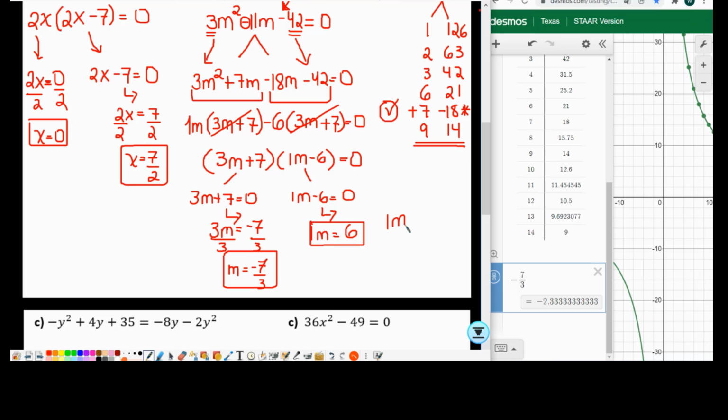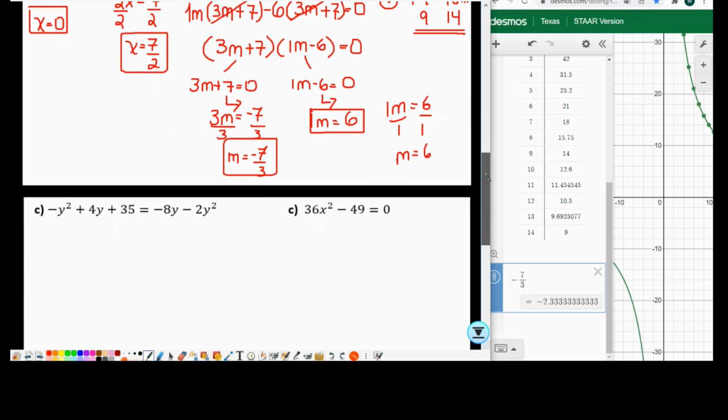Notice that you could also have done this. 1m equals 6. And then divide both sides by 1. M equals 6. But I'm taking the shortcut by saying that 1m is the same thing as m. So I finalize it right there. M equals 6. So there you go. On this problem, we have two answers, negative 7/3 and m equals 6. All right, let's go to the next two examples.